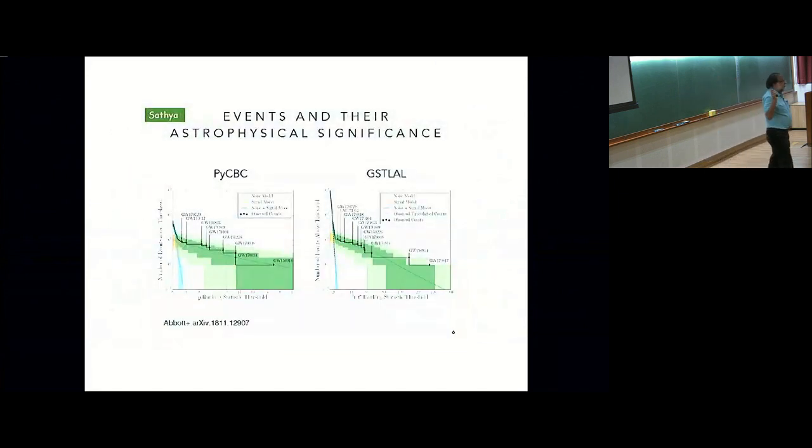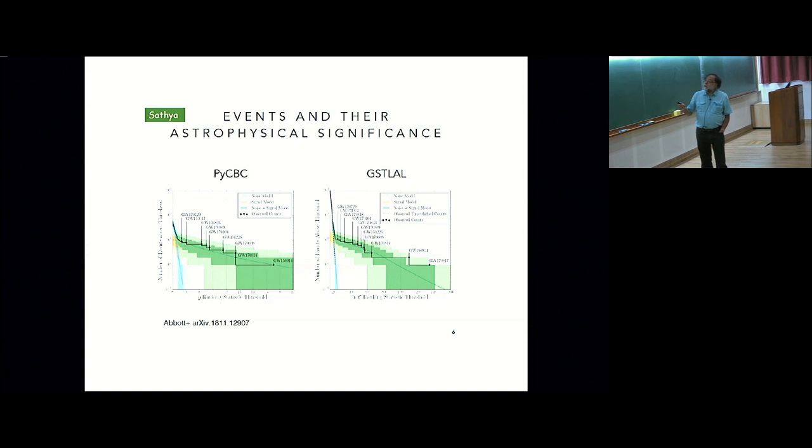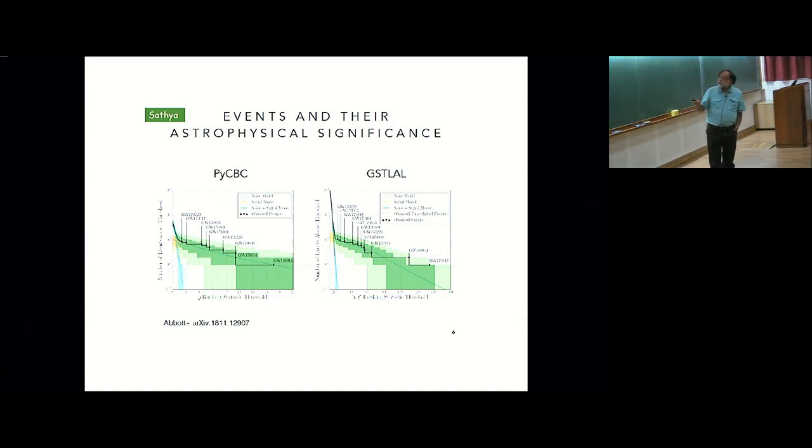One of the things that always strikes me about these curves is how steep the background is falling compared to the signal distribution. With a tiny change in signal strength, which corresponds to distance, the probability of being a noise event is 100 times the probability of being a signal event.